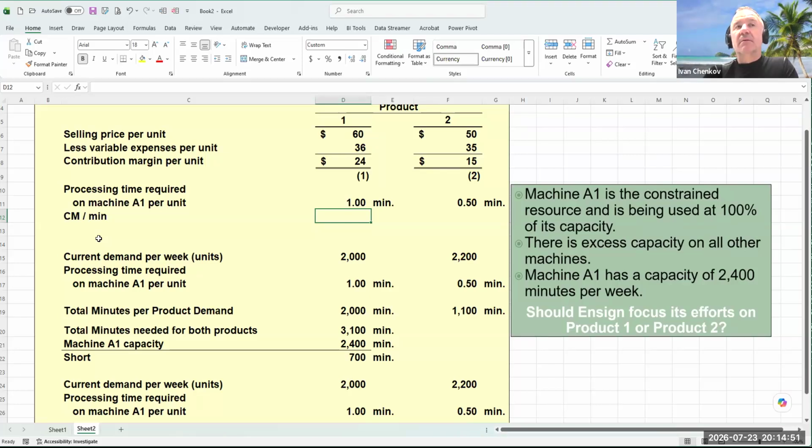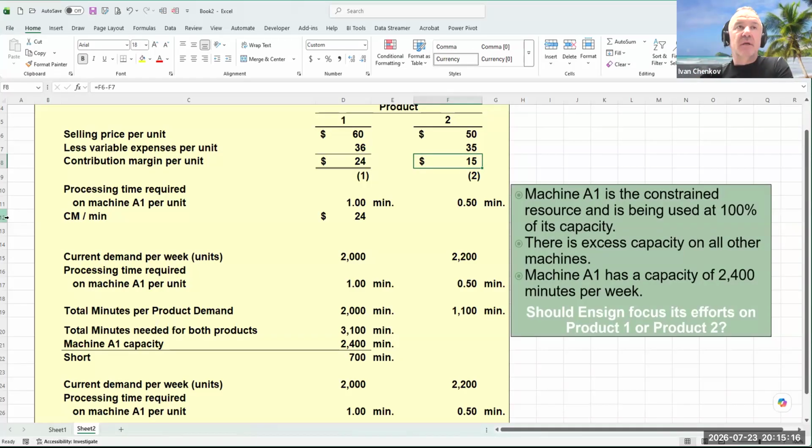If for 1 minute I can produce only one product, product one, that means my contribution margin here is going to be exactly 24. On the other hand, on product two, for 1 minute I can produce two products.